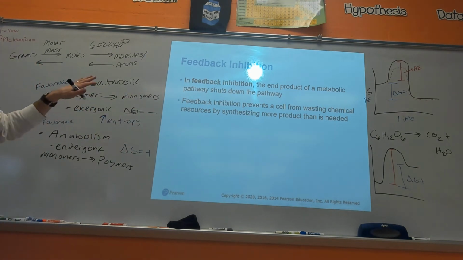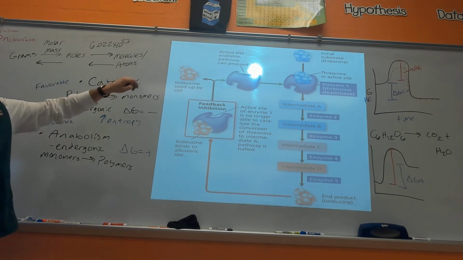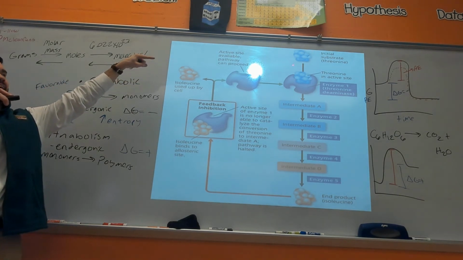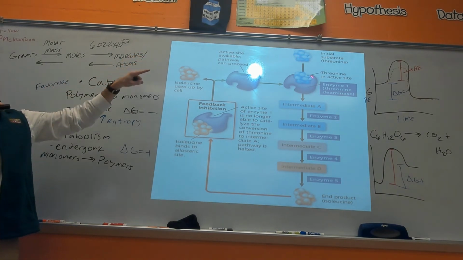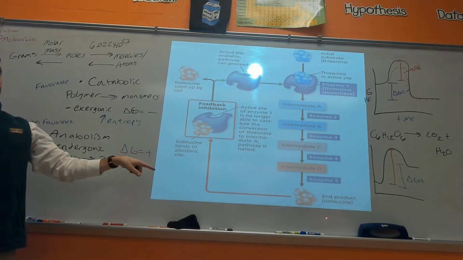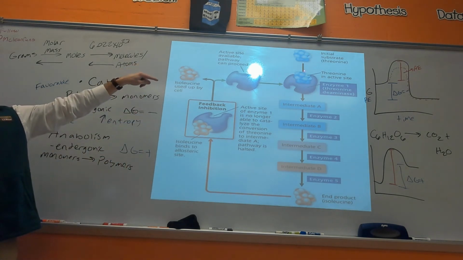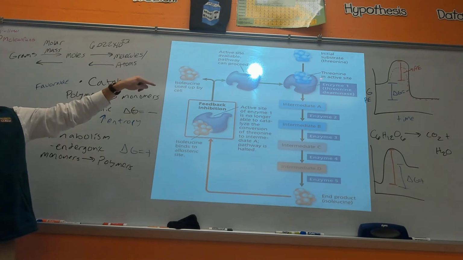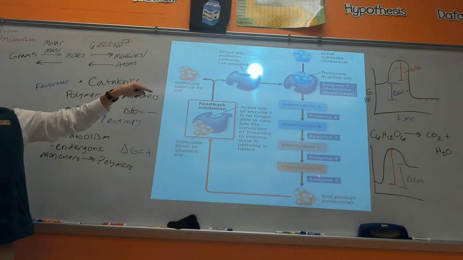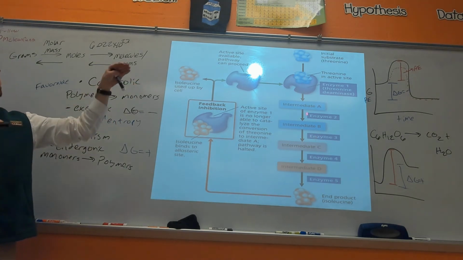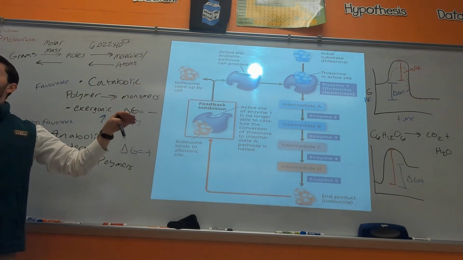If I jump to this picture, I'm starting here with threonine, and I want to turn threonine into isoleucine. To do that, I have to send this threonine molecule through 5 different enzymes to get to my final product. This is like an assembly line, right?